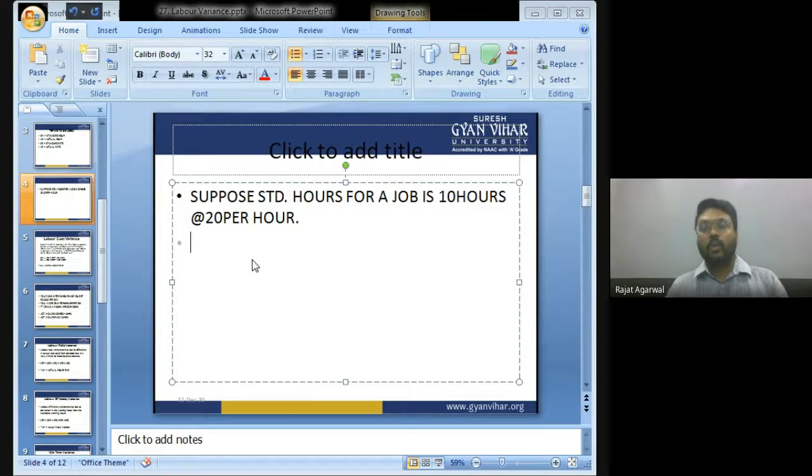It means to complete one job, you should complete the job in 10 hours, and it is paid at the rate of rupees 20 per hour.